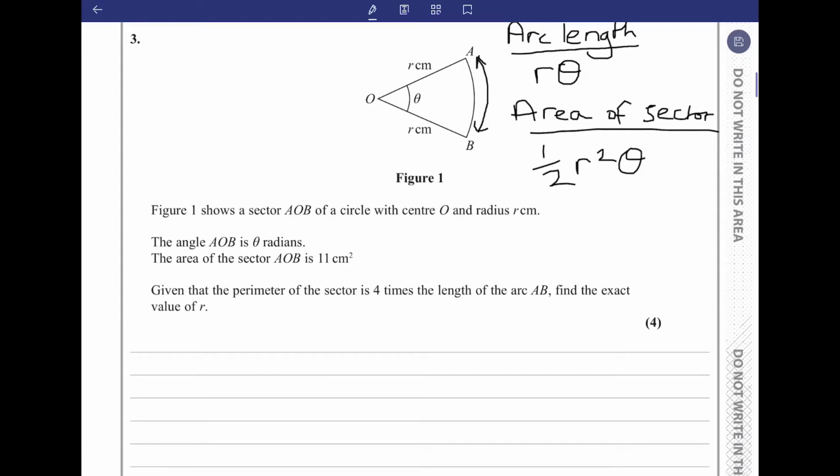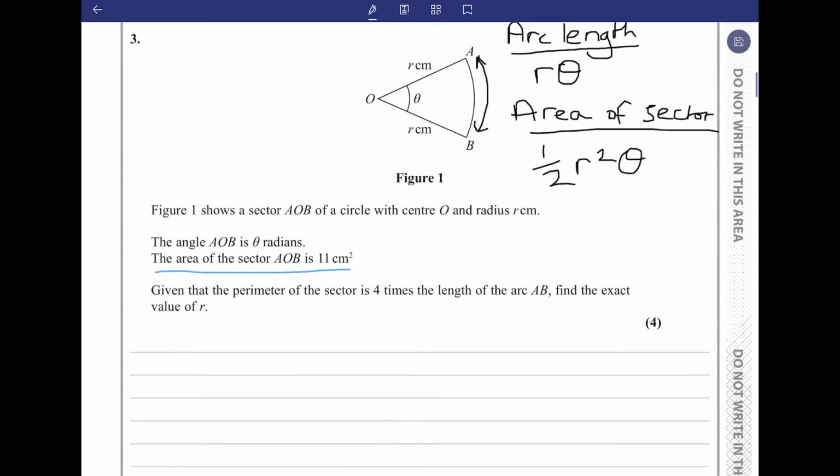So we have a sector AOB of a circle with centre O and radius r. The angle AOB is theta. The area of the sector is 11 centimetres squared. Given that the perimeter of the sector is 4 times the length of the arc AB, find the exact value of r. So what we need to do here is, firstly, we're given that the area of the sector AOB is 11.